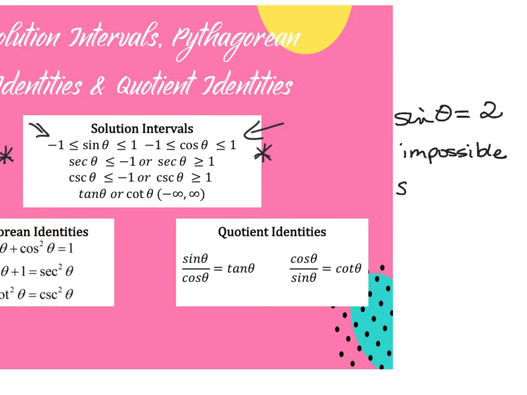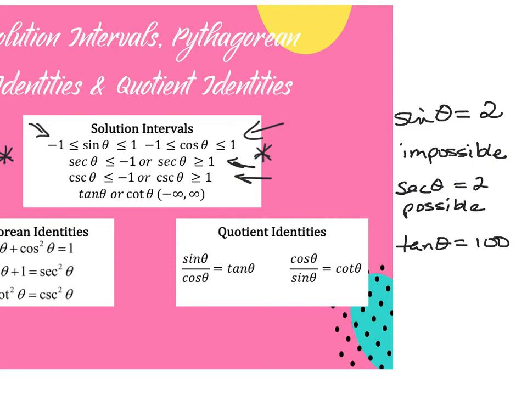Now, if I said secant theta equals 2, this one would be possible, because if you look over here in the white box, notice secant and cosecant have to be numbers that are greater than or equal to 1 or less than or equal to -1. And 2 is greater than or equal to 1. Then, let's say I told you tangent of 100.